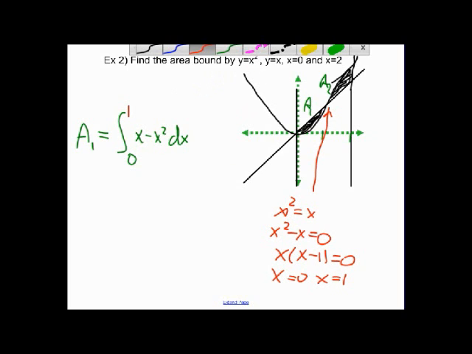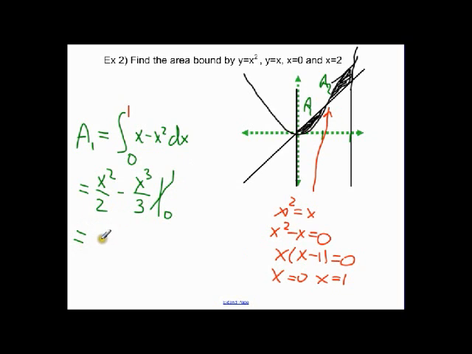Now let's keep going, and we can find out that from 0 to 1 the integral is x squared over 2 minus x cubed over 3. And we're going to evaluate from 0 to 1.